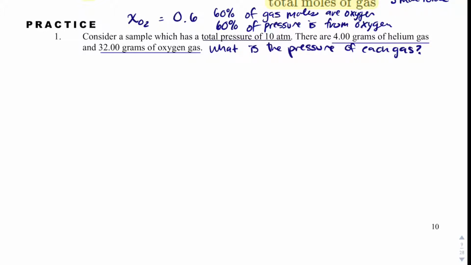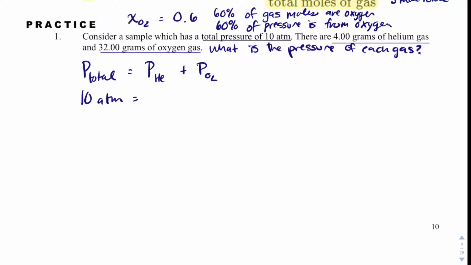So the total pressure, which is given, is going to be equal to the pressure of helium plus the pressure of oxygen. So pretty much if I can find this one or this one, I will be able to find the other one.